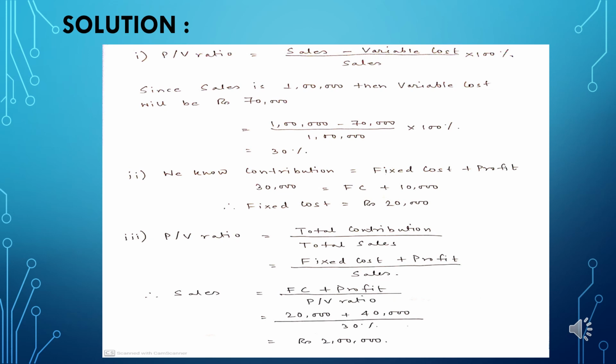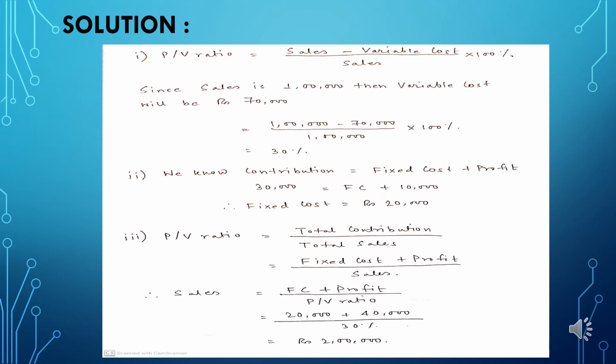Coming back to the calculation portion here, we can easily see that if the sales figure is rupees 1 lakh, then variable cost, if it is 70% of the sales, will give us a figure of 70,000. If we want to calculate the PV ratio, it can be calculated as contribution by sales.